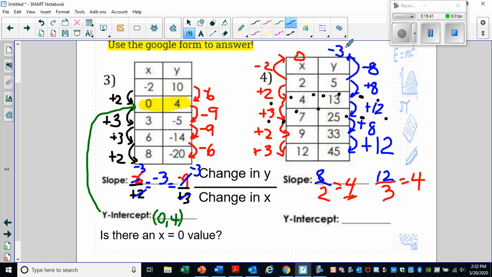And now we have our y-intercept for our last problem. So our last y-intercept will be, now we have our x value of 0, and our y value will be negative 3. So our y-intercept is 0, comma, -3.